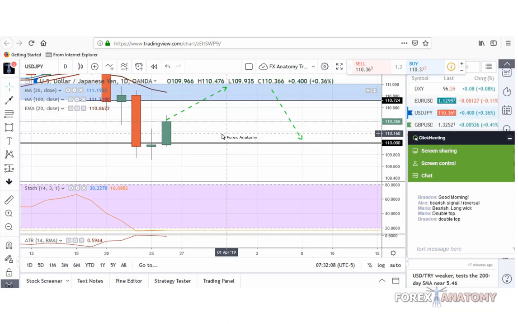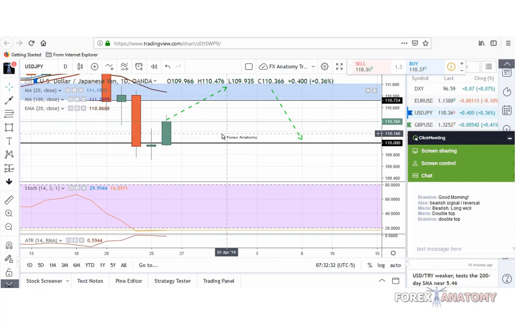Later on in the U.S. trading session, we do have the consumer confidence numbers that's going to come out that will provide some direction for the greenback. So of course, we're going to be following that, as well as headlines regarding geopolitical concerns regarding Brexit, the U.S.-China trade negotiations, and even treasury yields.